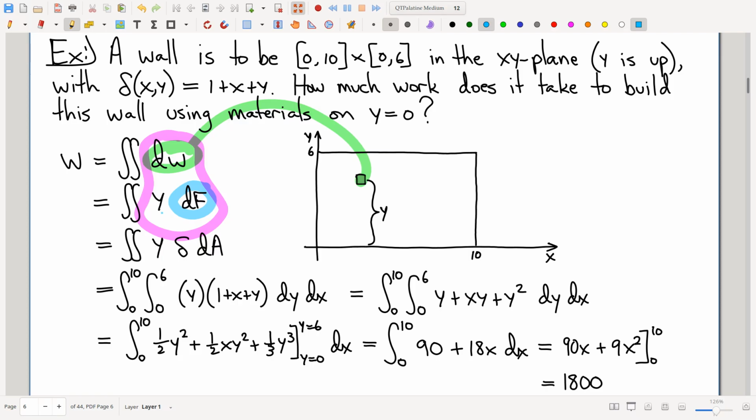And that is being lifted a distance, which you can see from the picture is just the y coordinate of where that brick goes. So again, all the details about the geometry and the physics of the picture, but ultimately that's just work equals force times distance. Okay. All right. Is everybody happy with that?